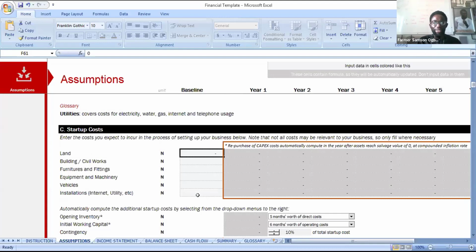So let's assume as you are starting up, let's put 0 for land, but you need to get a building. So let's say your rent for your building is, because it's in a good area, 600,000 naira. Furniture and fittings: you buy a chair, you buy a table, let's just put 300.